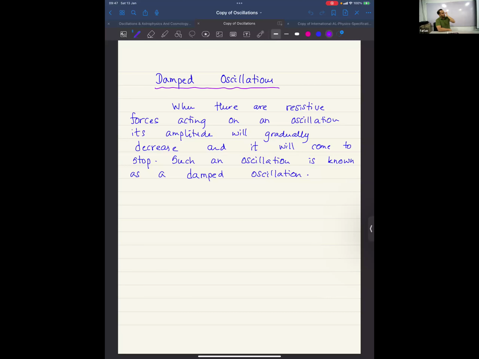Now let's say there is someone at the back pushing you, and you swing. Now that person stops pushing you, and you oscillate for some time, and then you eventually come to stop, right? Why? The friction in the cable. Yeah. If there were no resistive forces, you would oscillate forever.